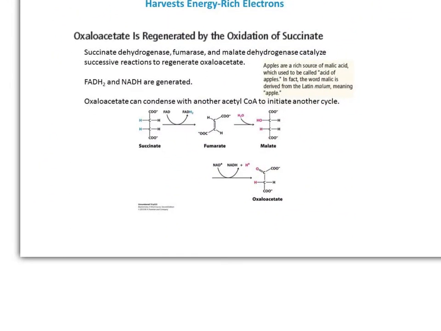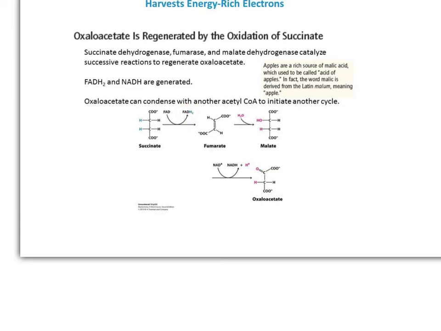And then we can create oxaloacetate again, and that uses a couple of enzymes, 3 of them. Successively, we get succinate dehydrogenase. That takes succinate to fumarate, and that generates FADH2.